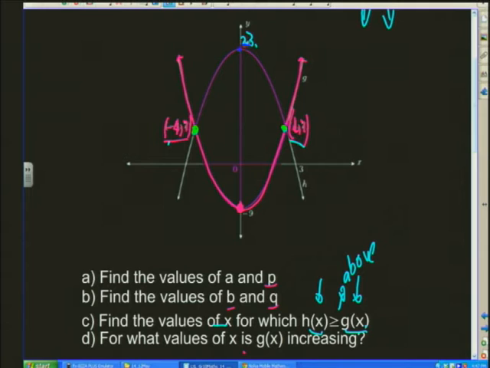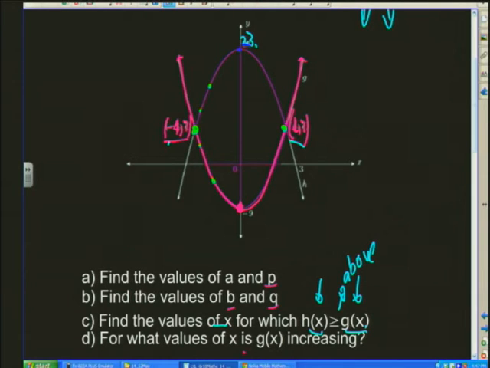Okay, that's what we're interested in, because if you look at that section, you will see that every y value on this graph is going to be greater than every y value on that graph at the same point. Okay, so where x is equal to, for example, -1, on both graphs, the y value on the top graph is going to be greater than the y value on the bottom graph.